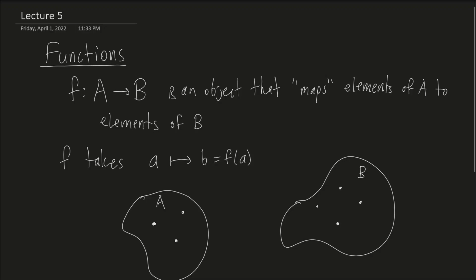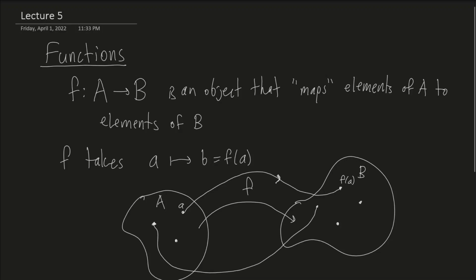So overall, I have this map f from A to B, and this specific element of A might be associated to this element of B. I draw these lines to make these associations that happen through the function f. So a goes to f of a, and then maybe this one goes here, and this one goes here.